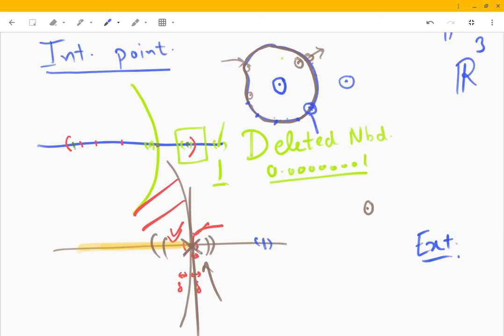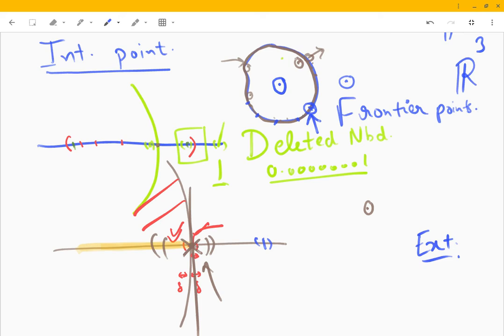So such points can neither be called interior points nor exterior points. So what are they called? They are called frontier points.